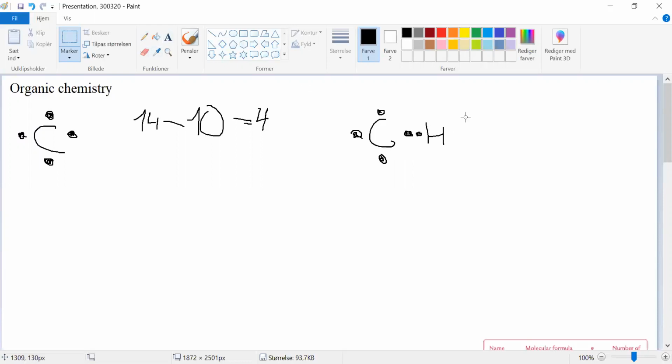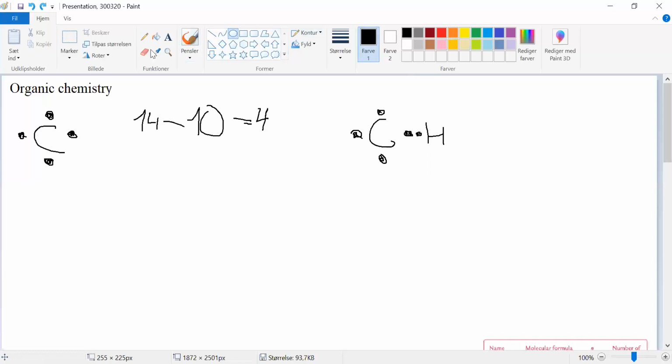But what we can see from this is that hydrogen has 2 electrons now, but carbon only has 5 electrons, so it does not fulfill the octet rule. So it needs more electrons.